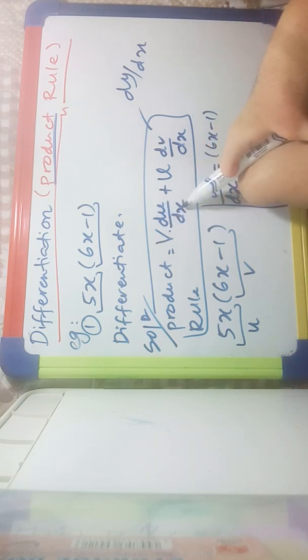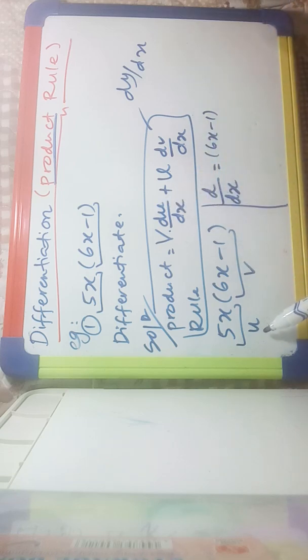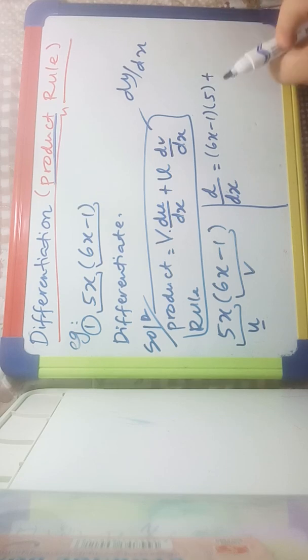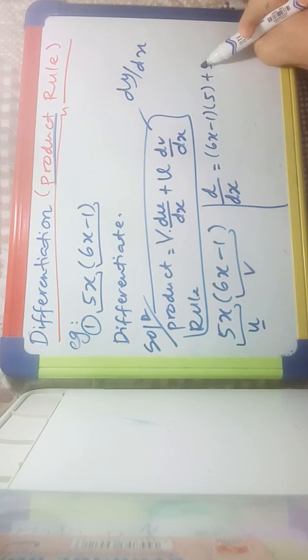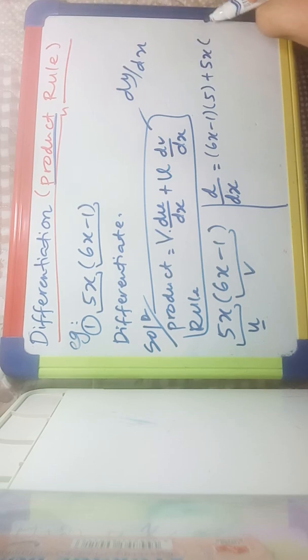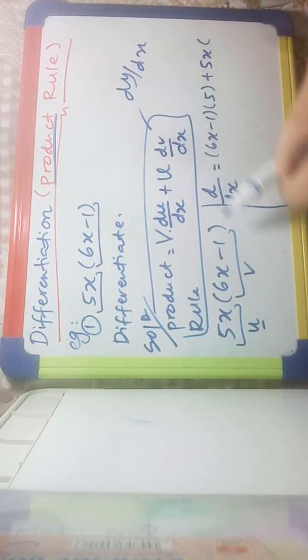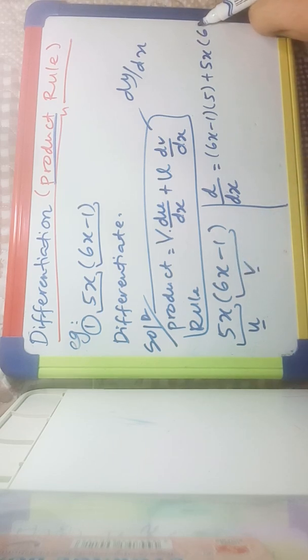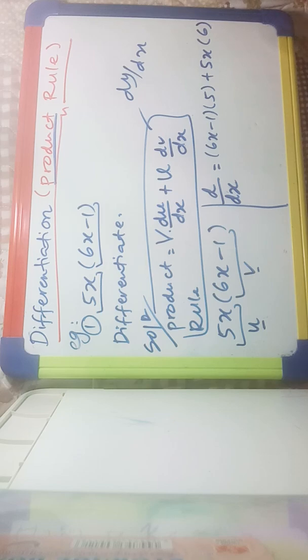What does du dx mean? You need to differentiate 5x, because this is u. When we differentiate u, we get du dx. Differentiating this, we get 5, plus u, which is 5x in brackets, dv dx. This is v. Differentiating 6x minus 1, we get 6.